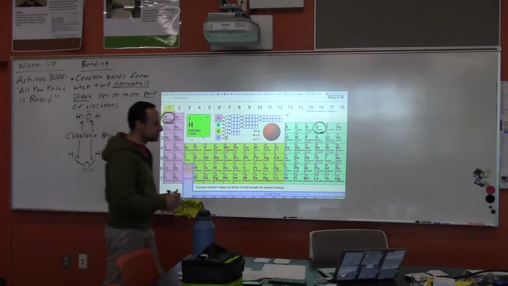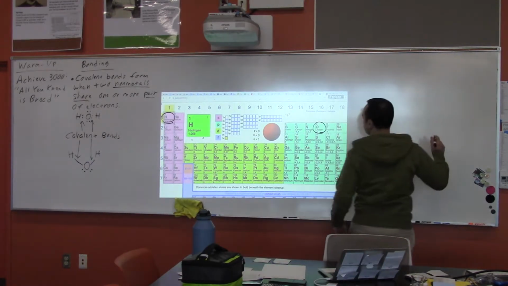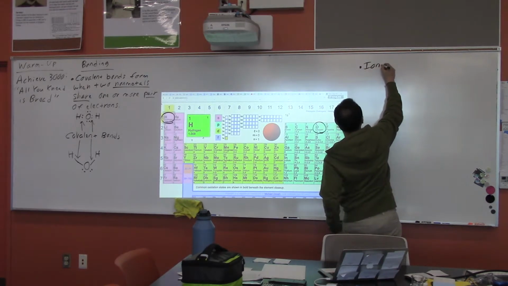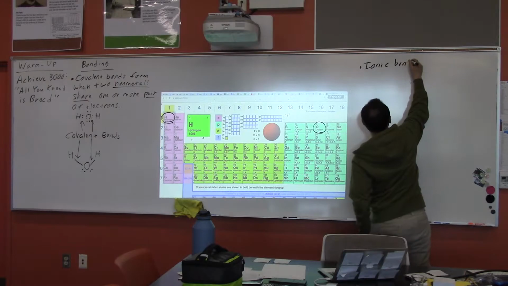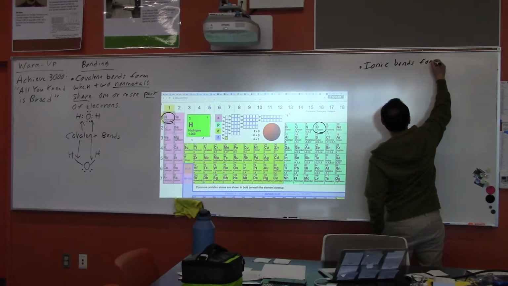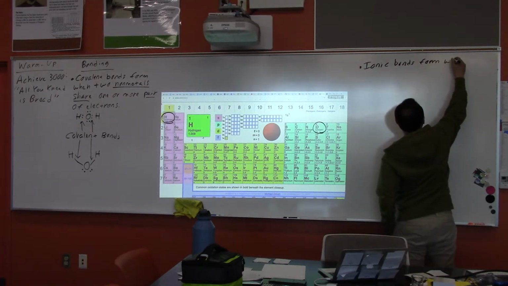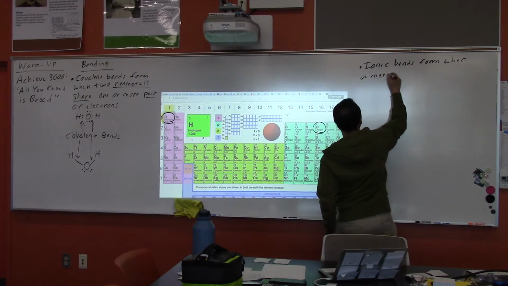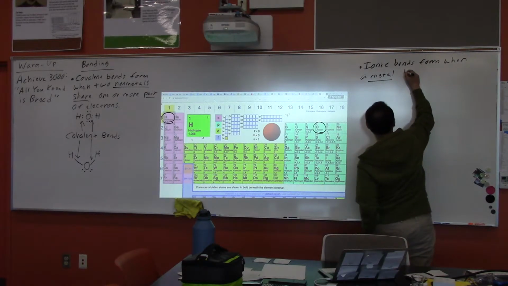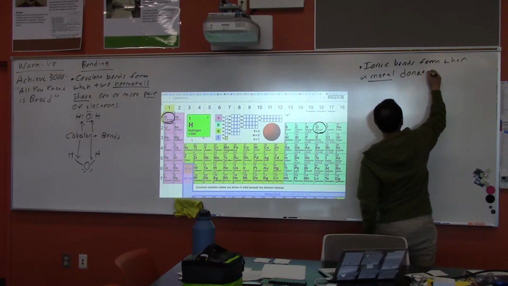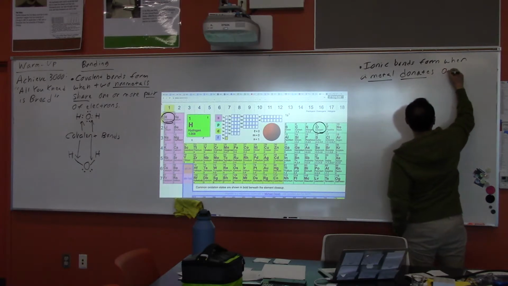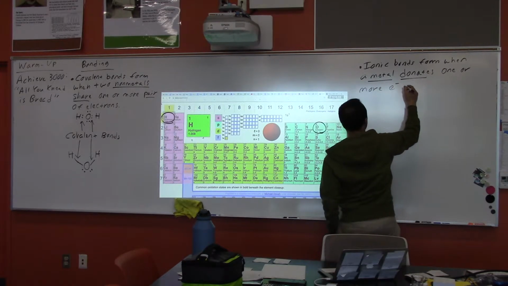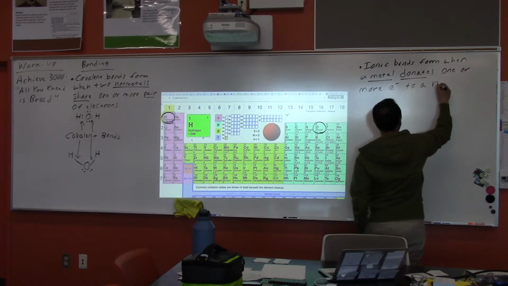So ionic bonding is a different thing, okay? Ionic bonding is very different. So ionic bonds form when a metal, I'm underlining metal, donates, and it has to donate one or more electrons to a nonmetal.